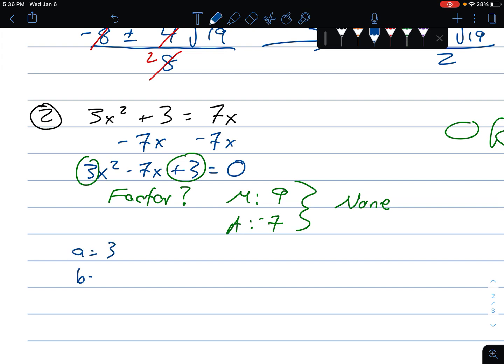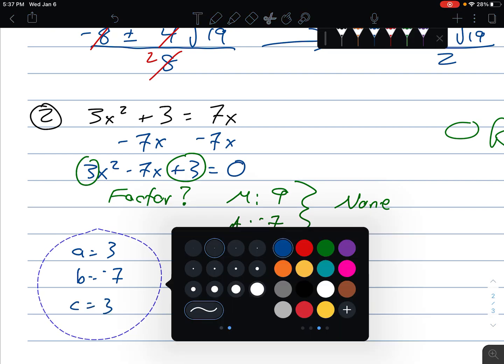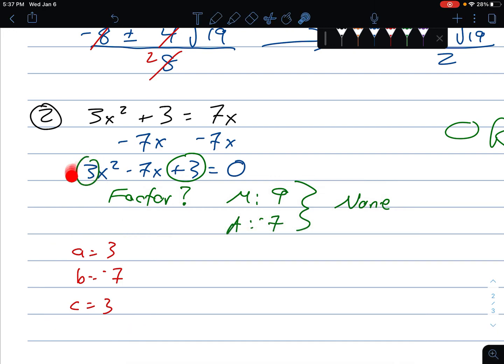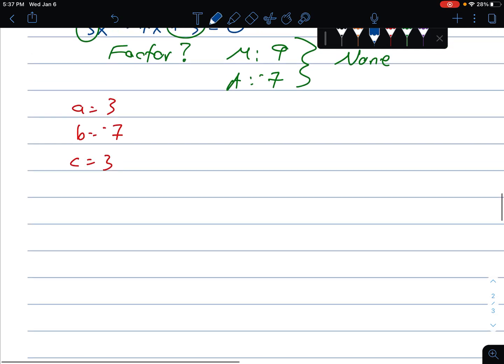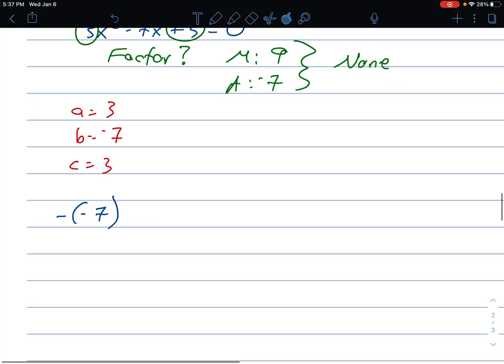My A is 3, my B is negative 7, and my C is 3. And I'll circle those for us. Here's my A, here's my B, here's my C. Negative B. Be careful with that negative sign.